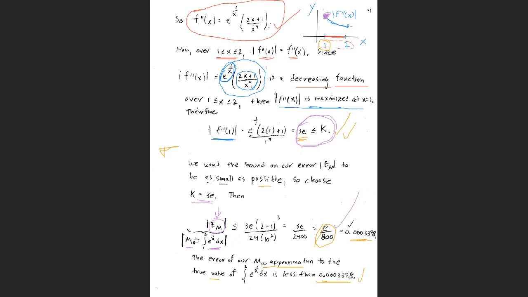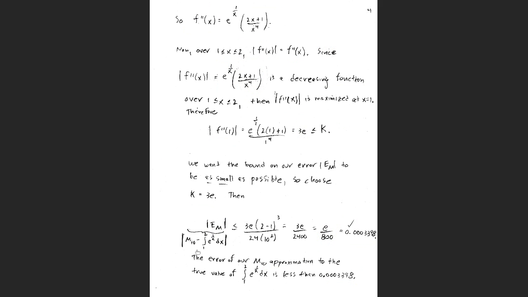What is this right here? Oh, what that is, I wanted you to see so that this is not abstract, what does the absolute value of the error mean? Well, the error is the difference between the approximation and the integral itself.